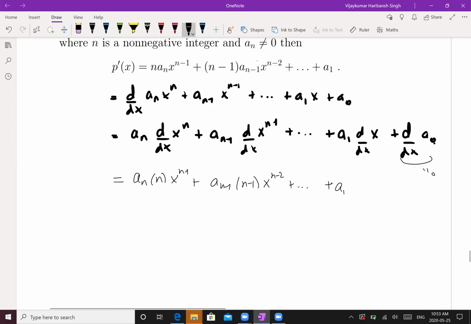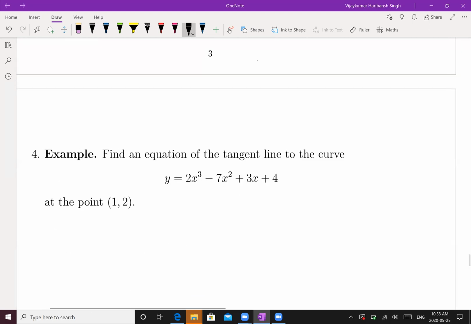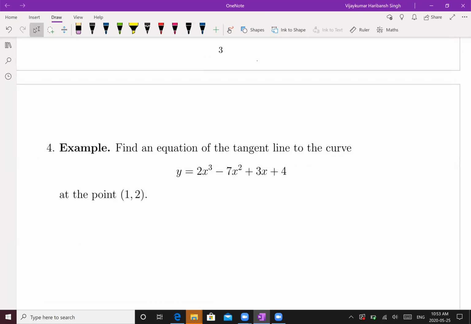Okay. So now let's go ahead and compute the following derivative. Find the equation of the tangent line to the curve 2x cubed minus 7x squared plus 3x plus 4 at point 1, 2. So the point is already given to us. We need to find the slope. So slope is dy by dx at x equals 1.